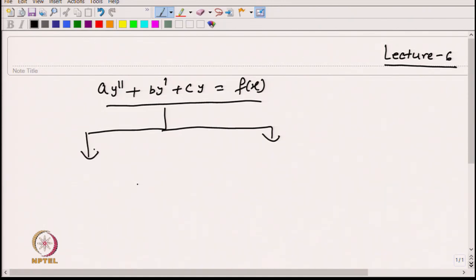First we solved the homogeneous part, which is written as a y double dash plus b y dash plus c y equal to 0, and we solved this equation with the help of the characteristic equation.